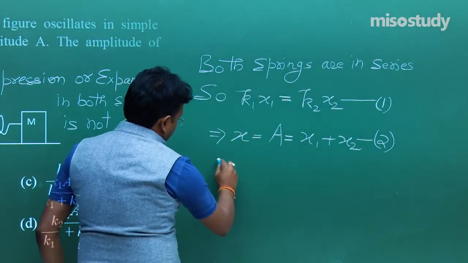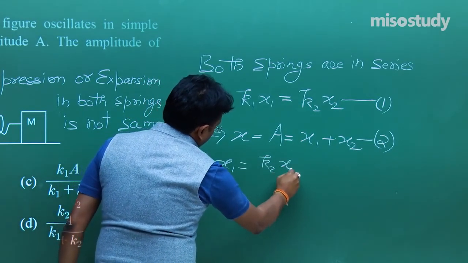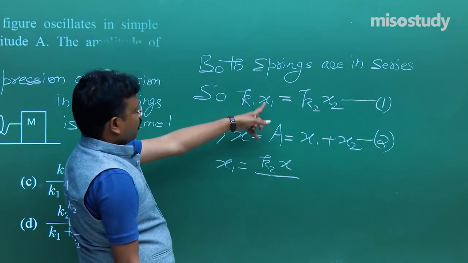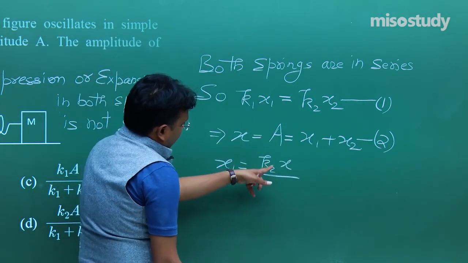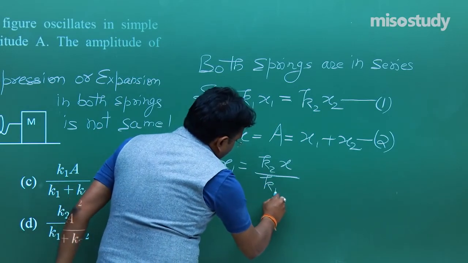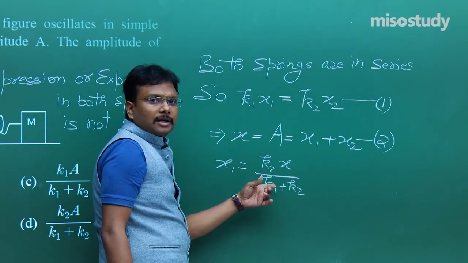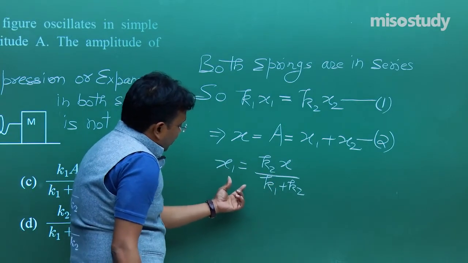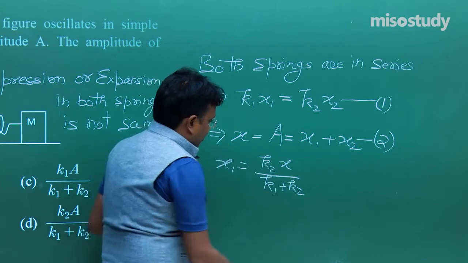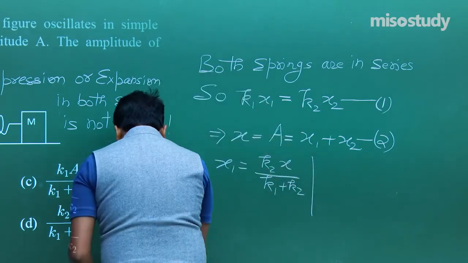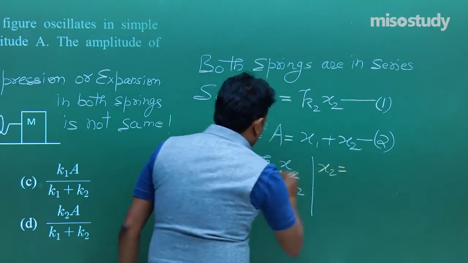Now x1 is equal to K2x, using equation number 1 with 2, x1 is equal to K2x upon K1 plus K2, a simple arrangement of terms, nothing else. And similarly x2 is equal to K1x upon K1 plus K2.